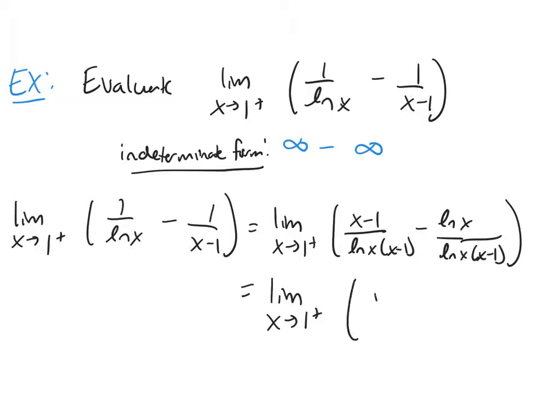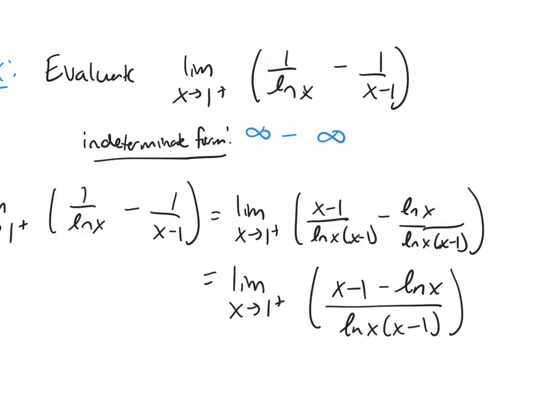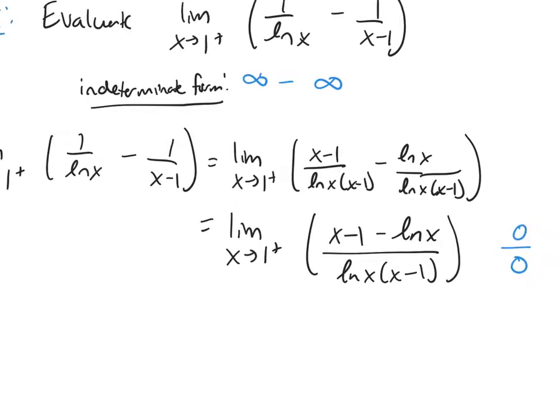So you're getting x minus 1 minus ln x over the product. If you plug in 1 here, you'll get 0 in the numerator and 0 in the denominator, which means we can now use L'Hopital's rule.